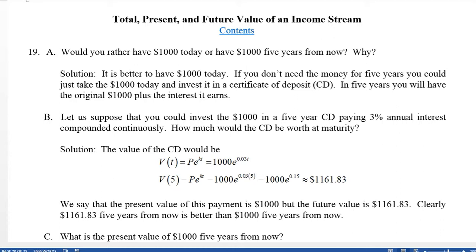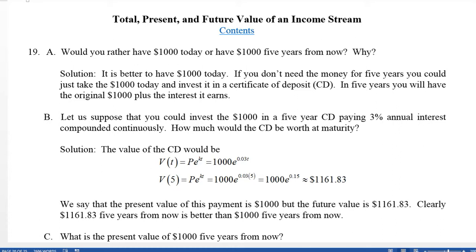So, in any event, we plug this in. K is 0.03, P is 1,000, and that would be V of T. And then we plug in 5 for T and see that we get V of 5 is 1,000 times e to the 0.15, or approximately $1,161.83.